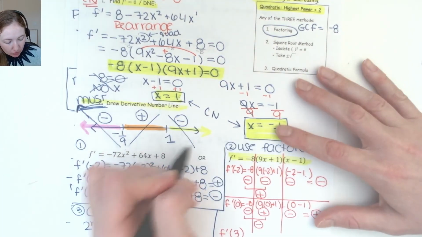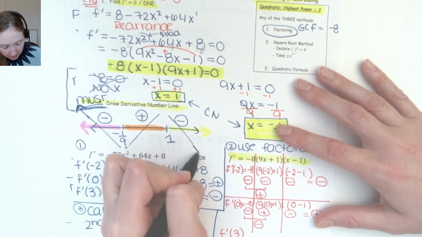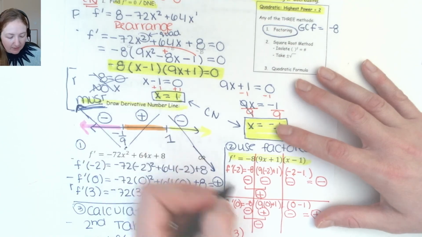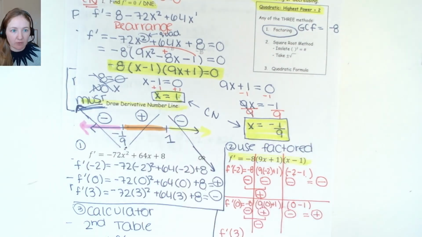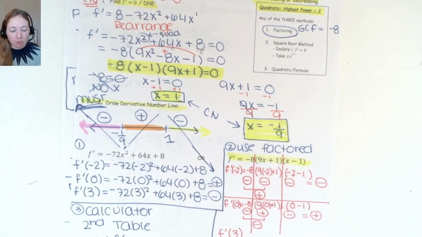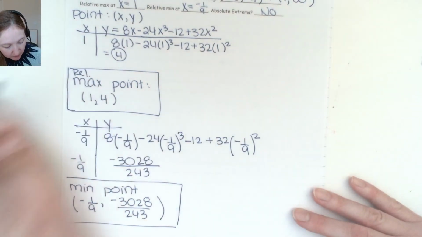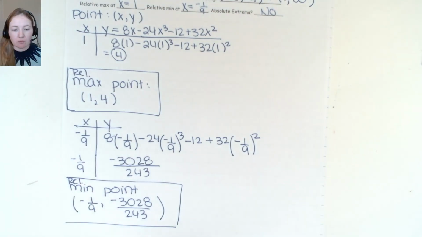And the same thing is true for this minimum. Because this graph goes down, down, down, that minimum is going to be surpassed as it goes down on the right-hand side. So these points that we're finding, the max and min, are truly relative. They are not an absolute in any regard.